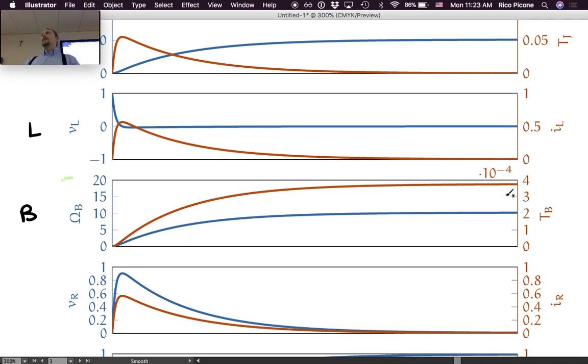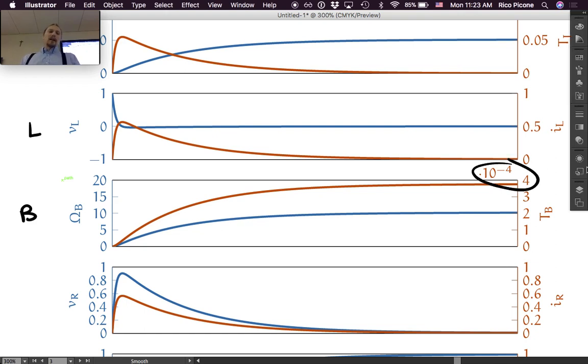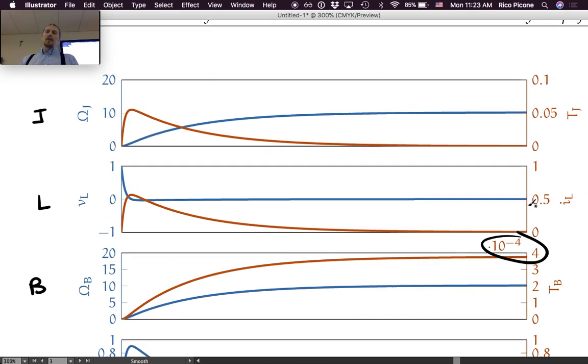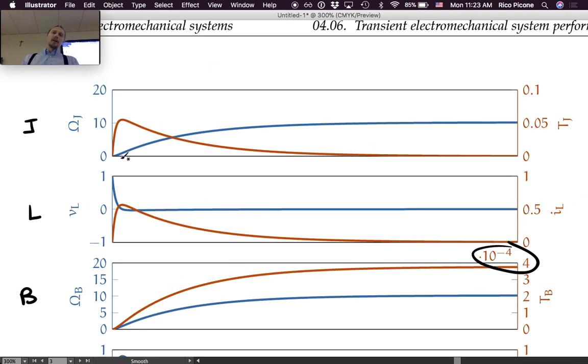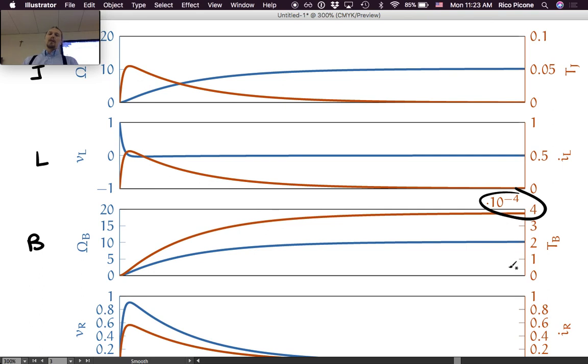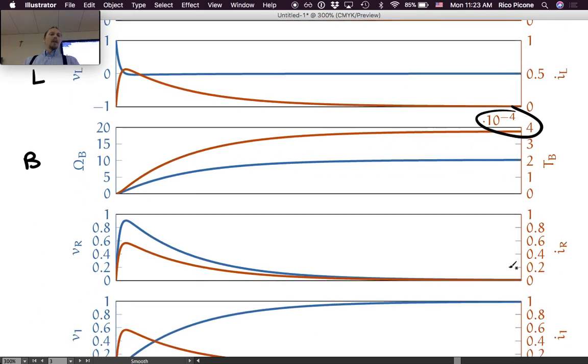And it doesn't go to 0, because at the end, when our flywheel is spun up, it's exerting a constant torque in proportion to the speed. But it's pretty small. It's 4 times 10 to the minus 4. So that's not a very large torque compared to the torque that was required to get that flywheel up, which was like 0.06. So pretty much larger than that.